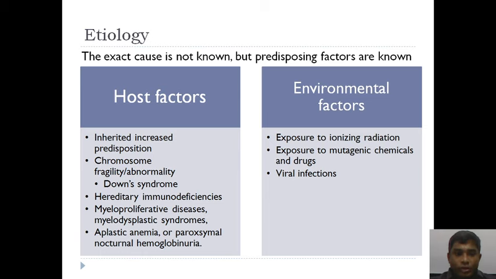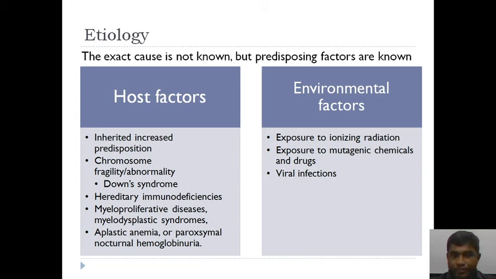So coming to the etiology, what causes acute leukemia? The exact cause or a single known factor has not been found, but various factors have been proposed. This includes both the host factors, which means factors in the particular individual who develops acute leukemia, or environmental or extrinsic factors which are independent of the person involved. So when we look at the host factors, many persons have an increased inherited predisposition and chromosomal fragility or abnormalities.